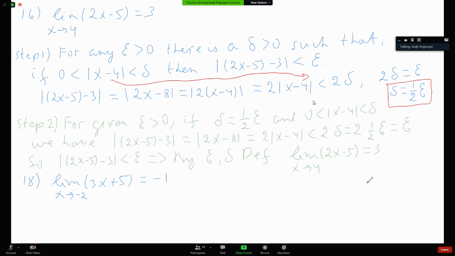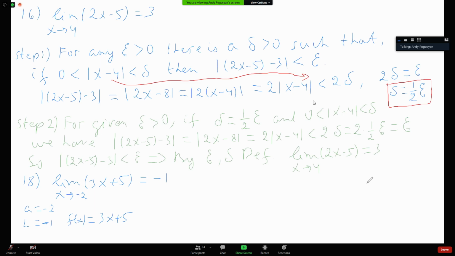So a is negative 2, L is negative 1, f of x is 3x plus 5. So try to write the first step first, and then we'll go to the second step. So for any epsilon, or for given epsilon, or for every epsilon, all three words can be used.